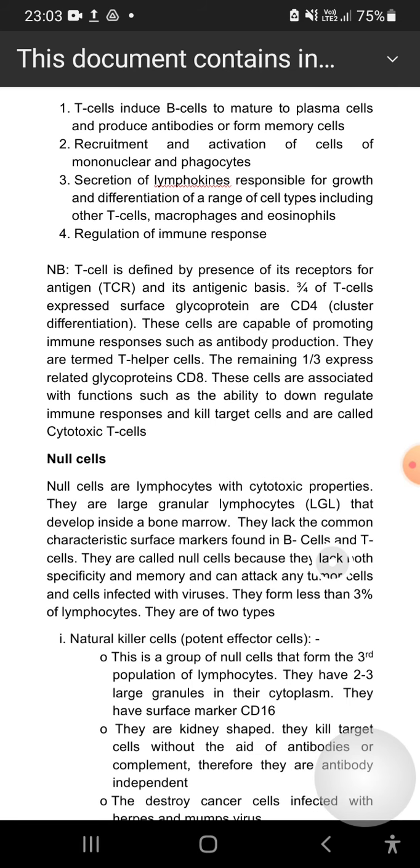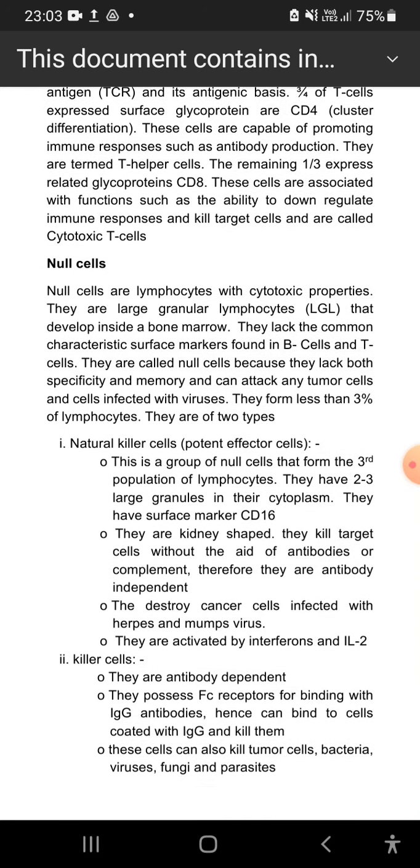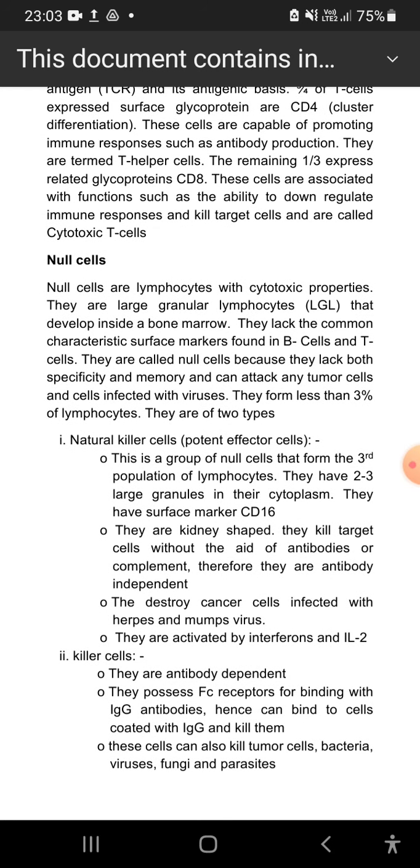So we have two types of null cells. We have natural killer cells. This is the group of null cells whose function is to kill target cells by cytotoxicity.